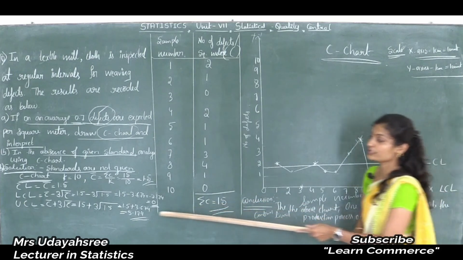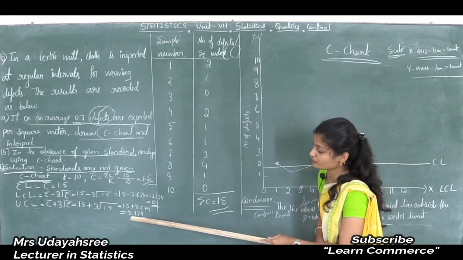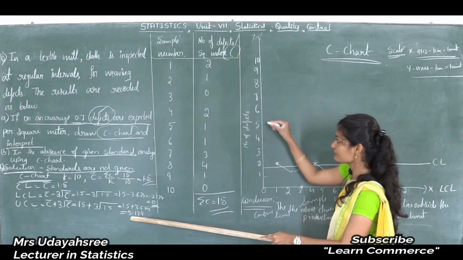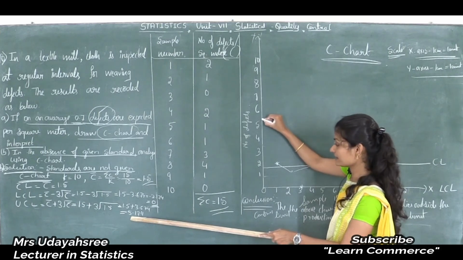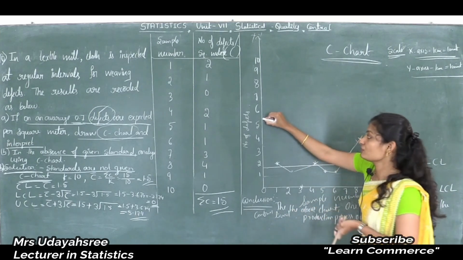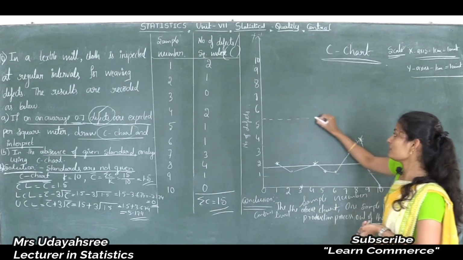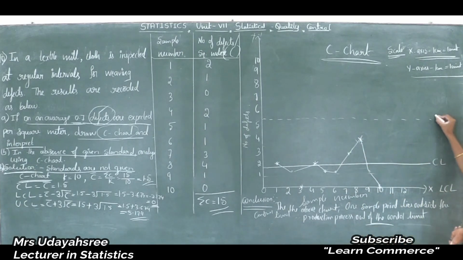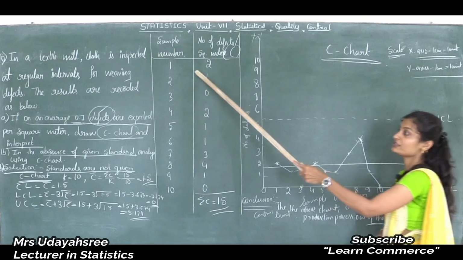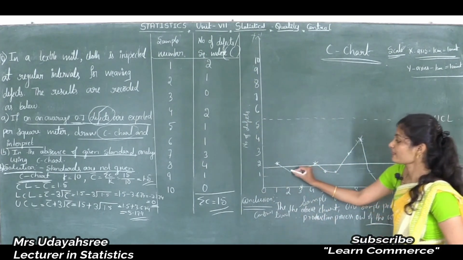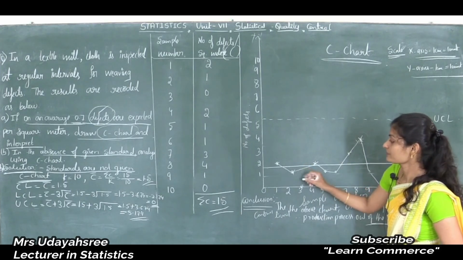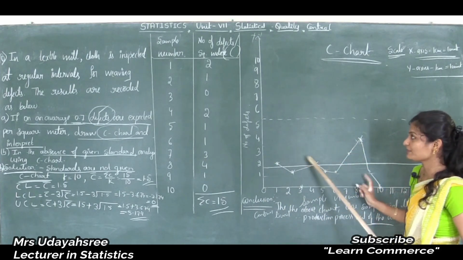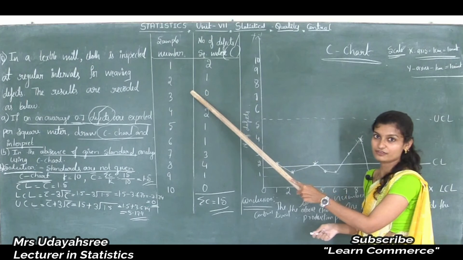Next, here upper control limit value is 5.174. See, 5 is here, so here it comes 5.174. So here I will draw one horizontal line like this. This is upper control limit. And see, these are the sample points from the given observations.